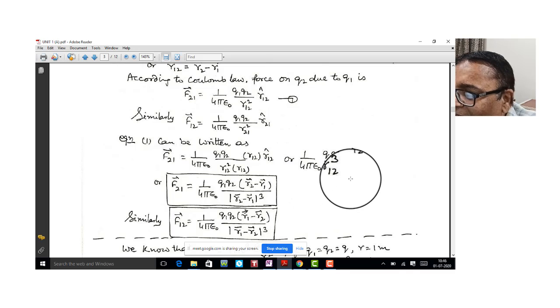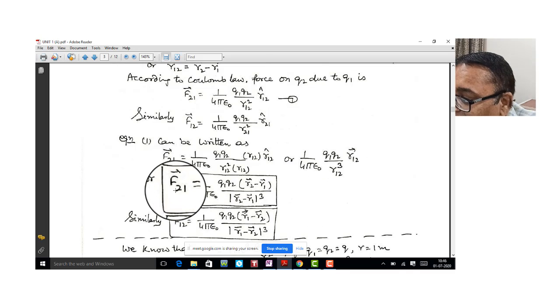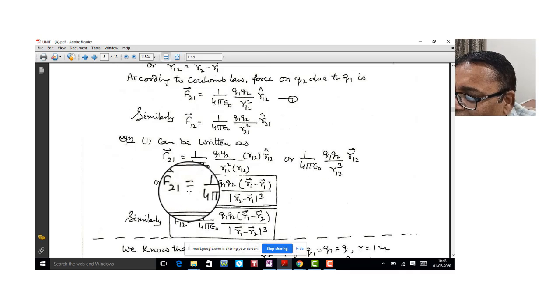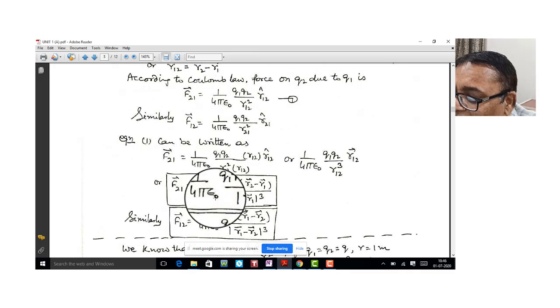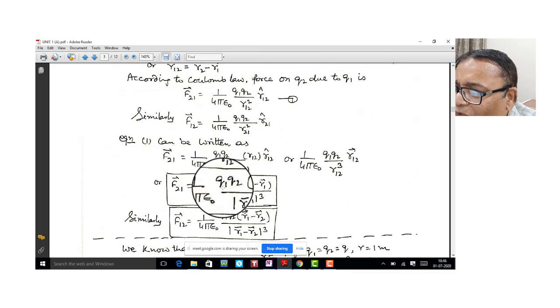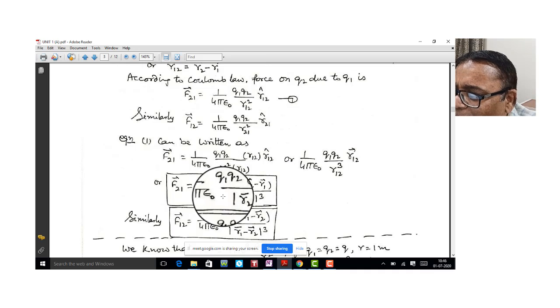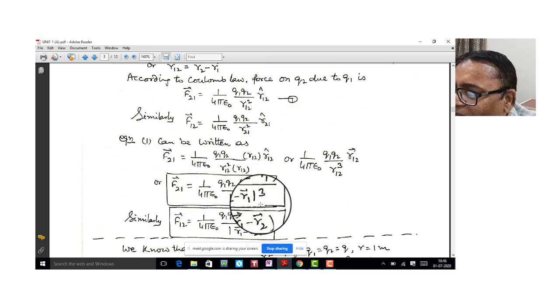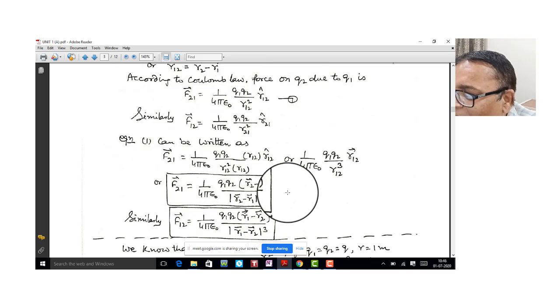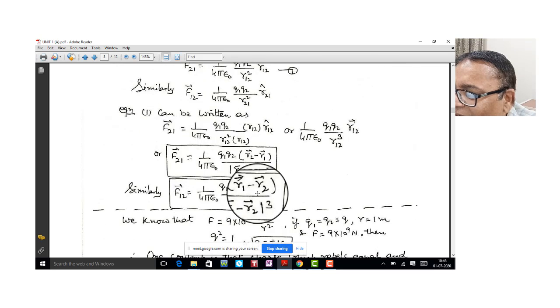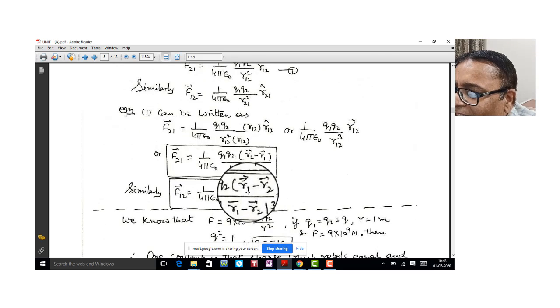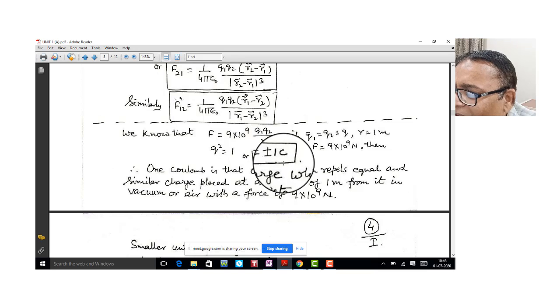Then the expression is F21 is equal to 1 upon 4 pi epsilon 0 Q1 Q2 times R2 minus R1 upon modulus of R2 minus R1 cube. In the same way, the force on Q1 due to Q2 is this one. Clear?